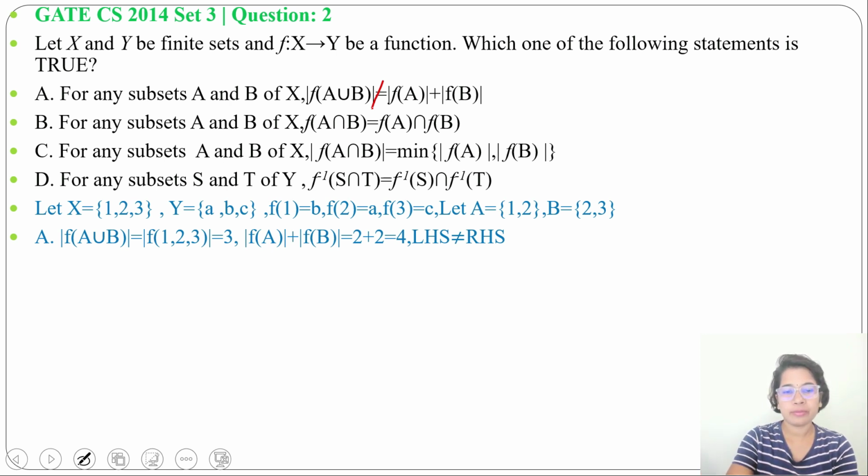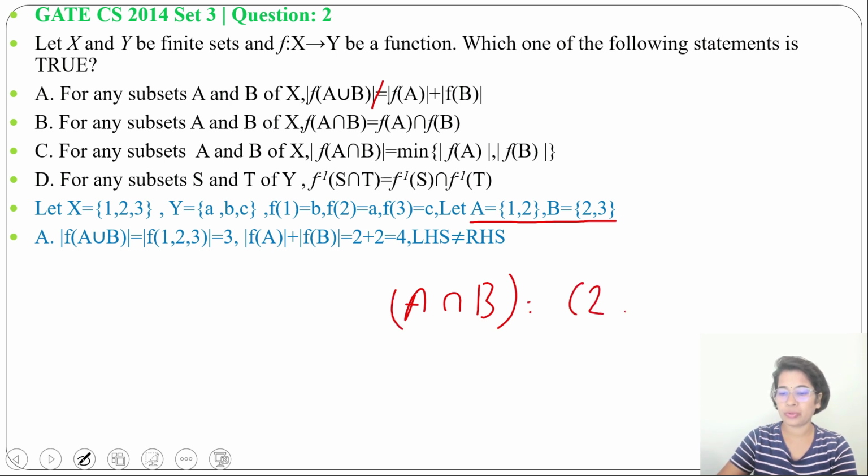Next, option B: for any subsets A and B of X, f(A ∩ B) equals f(A) ∩ f(B). Let me take the same example. First, A ∩ B is {1, 2} ∩ {2, 3}, which is {2}.